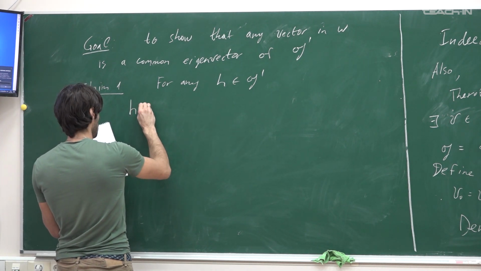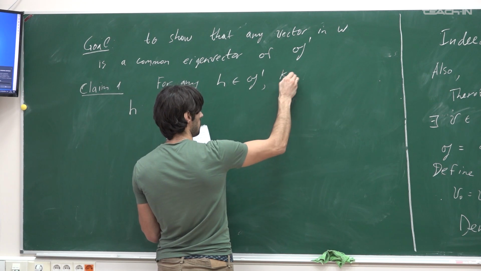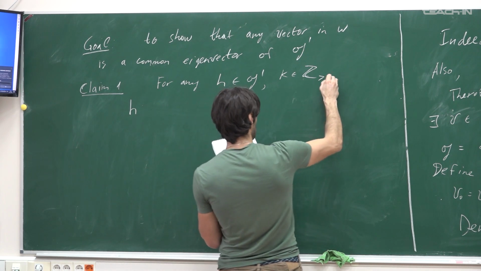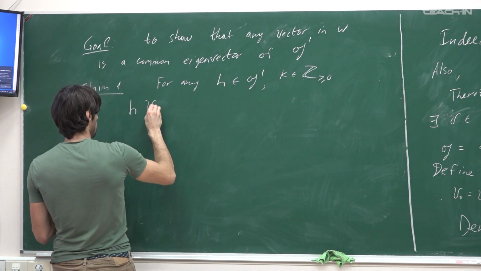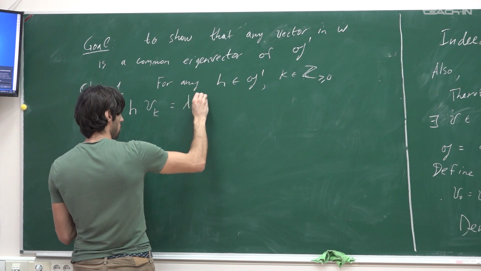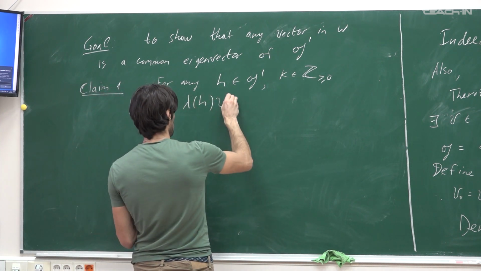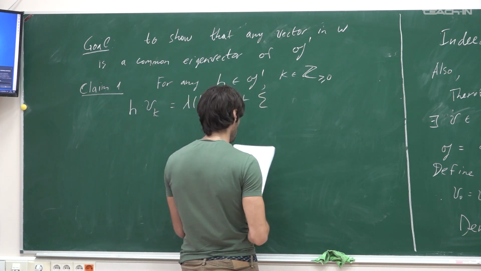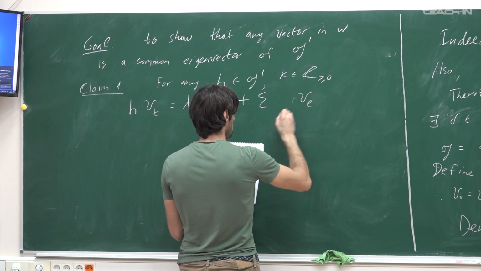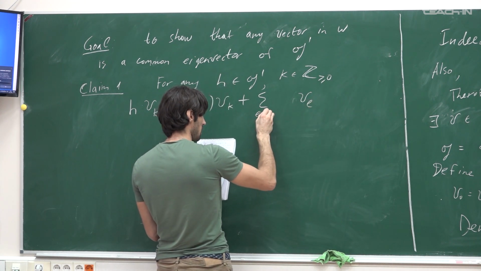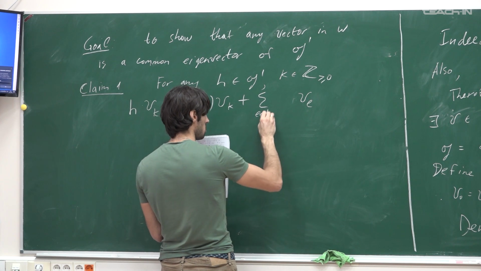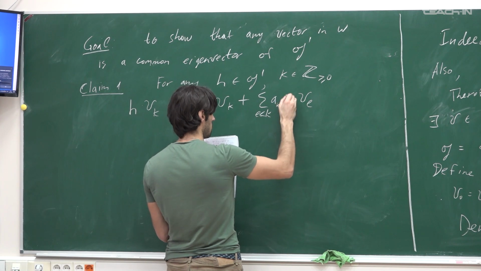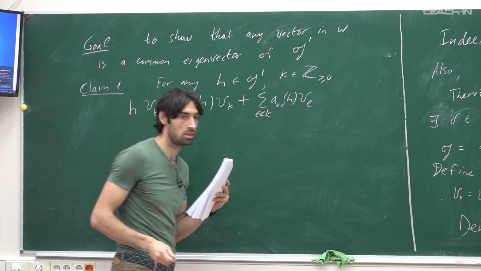If I take h and k from Z greater or equal than 0, h v_k is lambda of h v_k plus some linear combination over v_l with l strictly less than k. Linear combination with some coefficients a_{k,l}, which depends on h as well.